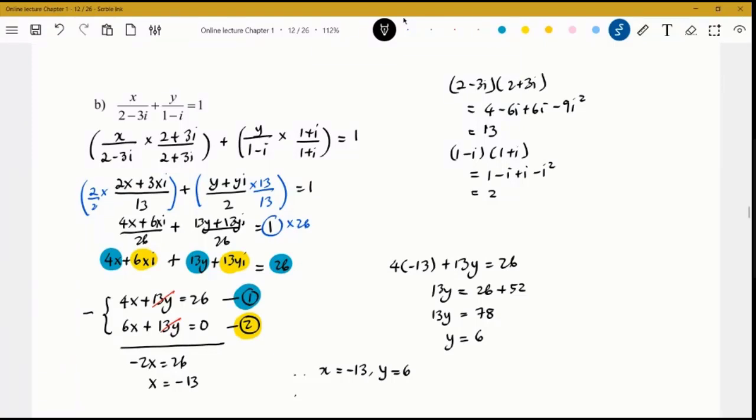So kita ada i. So dekat sini pada equal sign ni tak ada i. So kita akan end up dengan assume dia adalah 0i. Okay. So 0i baru kita boleh compare dengan 6xi, 13yi. Sebab tu dia end up dekat sini. Yang second equation ni, yang kuning ni.